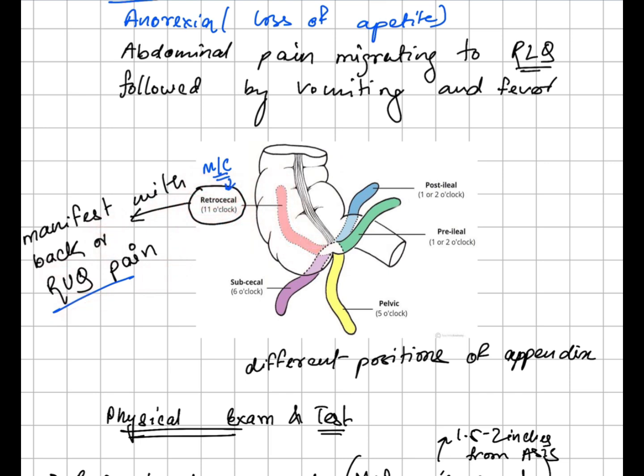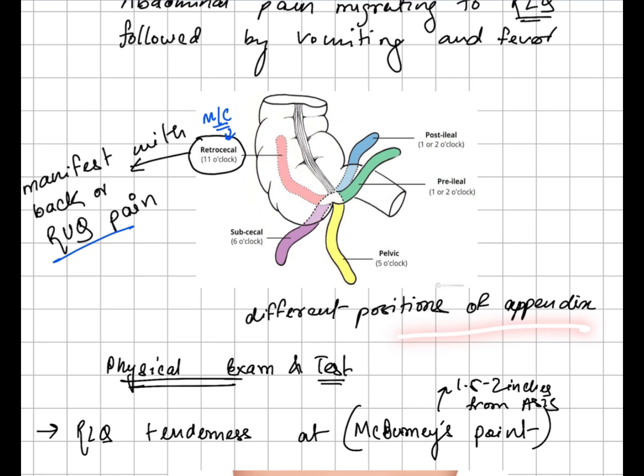RUQ means right upper quadrant pain. The positions are described by clock timings, like 11 o'clock, 1 or 2. Remember, this is the most common.